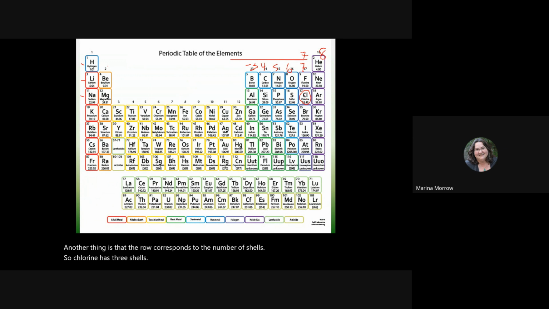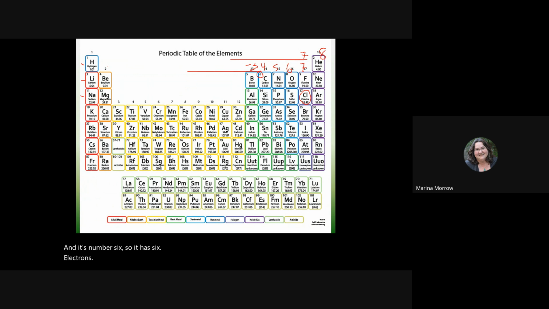Okay, if we're looking at carbon, carbon is in the second row, so it has 2 shells. And it's number 6, so it has 6 electrons.